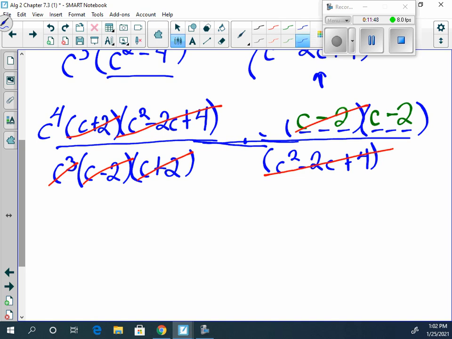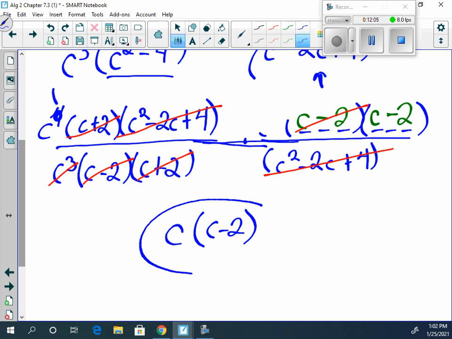C to the 4th over C cubed would become this. So what do we have left on top? Well, we have C. What else do we have? Do we have anything left on bottom? No. After we simplify it, we're left with C times C minus 2.